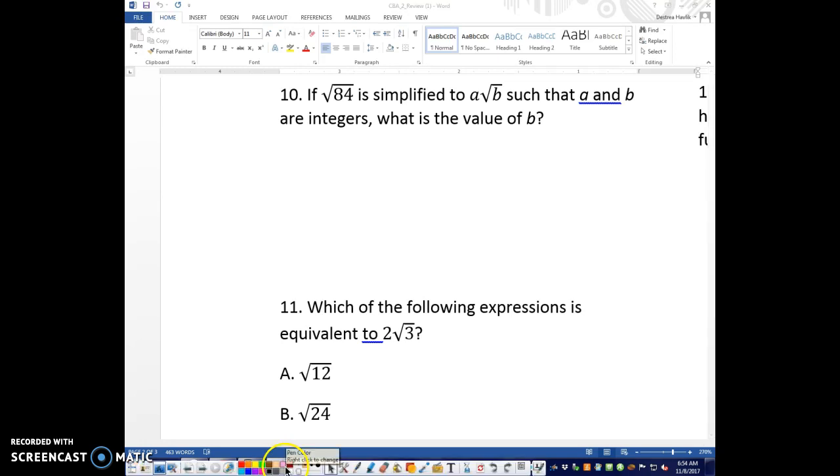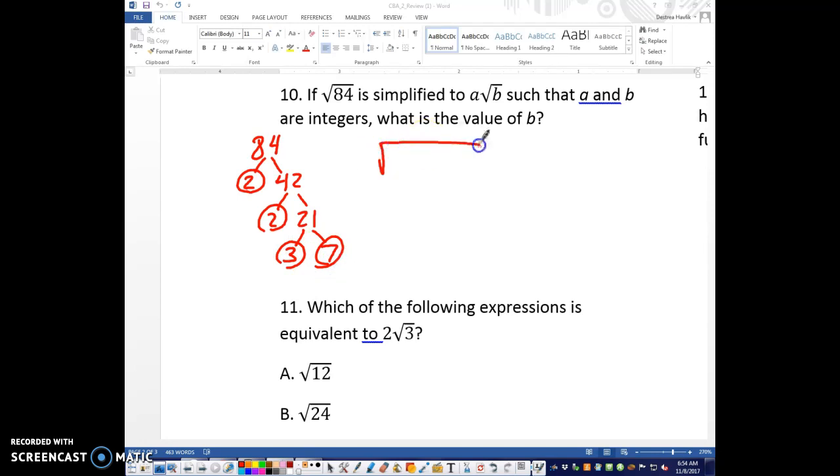So here's what we got to do. Remember that tree? Take your 84. Can 84 be divided by 2? With what? 42. Can 42 be divided by 2? With what? 21. 21 can't be divided by 2, but it can be divided by 3 with 7.